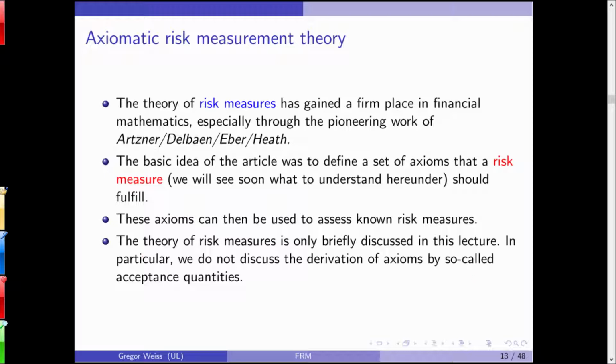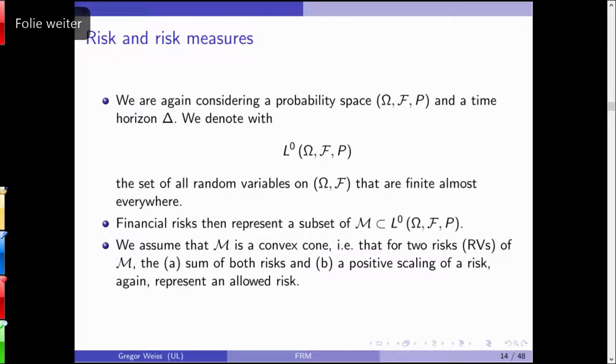And we will see how these axioms play out in the end. Again, this is just a brief discussion of risk measures. However, I don't know whether you can take these classes here at Leipzig. I'm pretty sure you could a couple of years ago, but risk measure theory is big in financial mathematics. You can do a whole lecture just on risk measure theory nowadays.